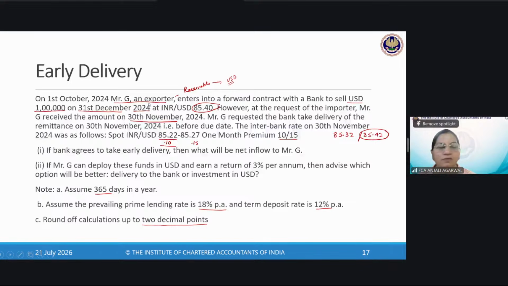All right, we have understood that Mr. G was supposed to sell the US dollars to the bank on 31st December at 85.40, but he approached the bank on 30th November to take early delivery. So on 30th November, the bank did pay him 85,40,000, but the bank had to sell those dollars in the open market, in the spot on 30th November, at 85.22 in the interbank rate. So the outflow to the bank for these funds was 18,000 and the lending rate is 18%.